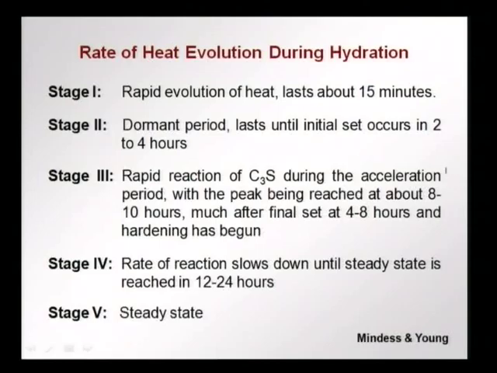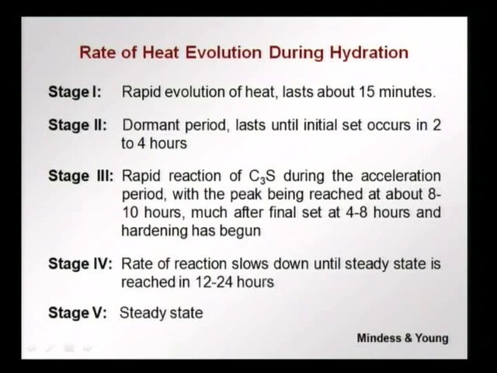In stage 3 we have the rapid reaction of C3S, the peak reaches at about 8 to 10 hours after the final set, which occurs at 4 to 8 hours, that is the concrete has completely set, it has become a solid mass instead of semi solid mass, and hardening starts.